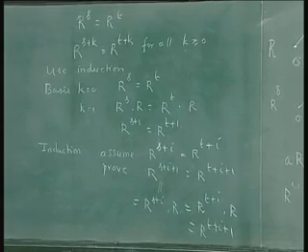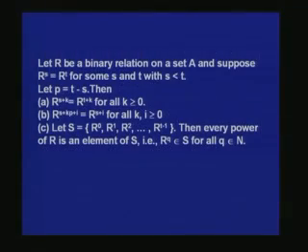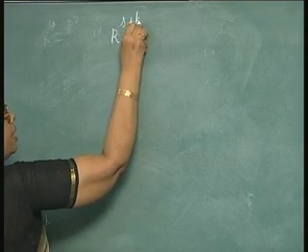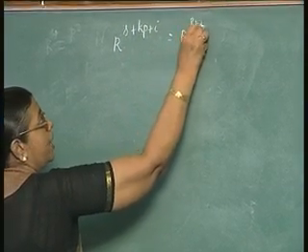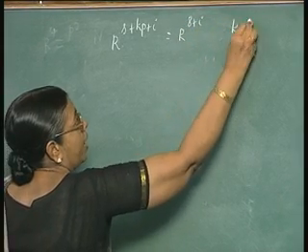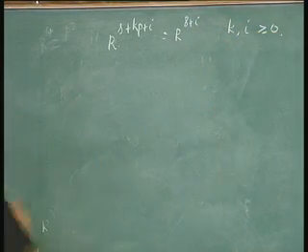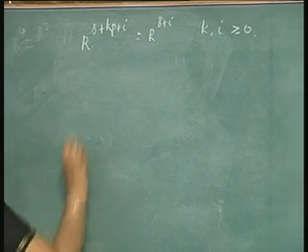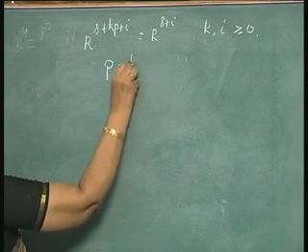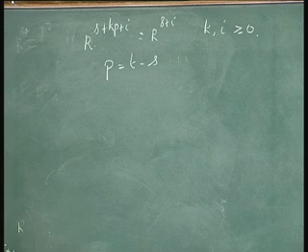Next, we have to take the second portion, that is R power S plus Kp plus I is equal to R power S plus I for all K, I greater than or equal to 0. Here again you can make use of induction where p is defined as T minus S.